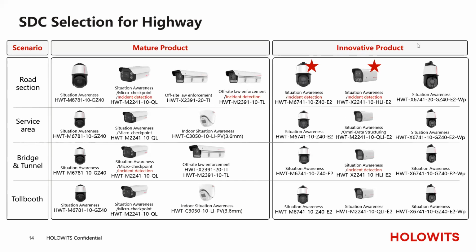These are our innovative products, you can see. This is for the different scenarios from the road selection: service area, bridge tunnel, toll booths. You can select on your choice and it is all divided by the scenario.